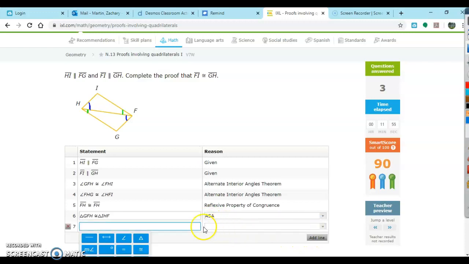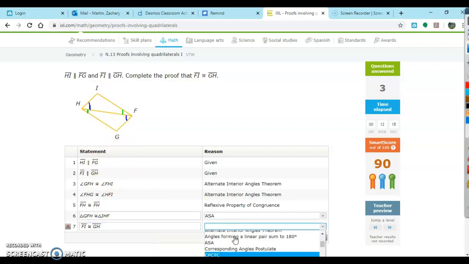Now we need to add a line. We need to add a line because we need to state that segment FI is congruent to segment GH. So segment FI is congruent to segment GH. Why? Well, I've already proven that these two triangles are congruent, and now I'm going to show that the corresponding parts are congruent.